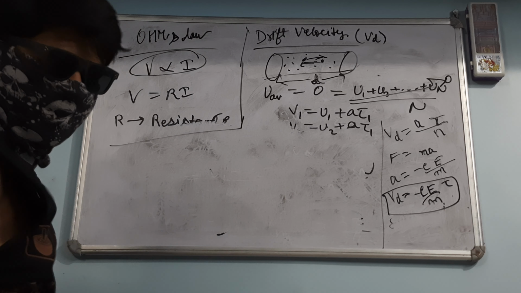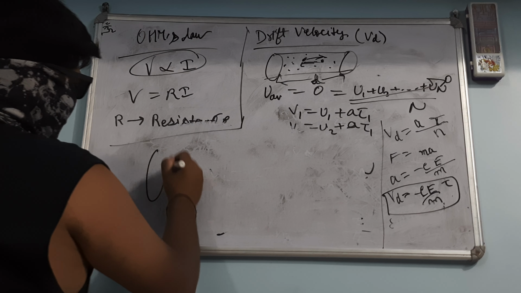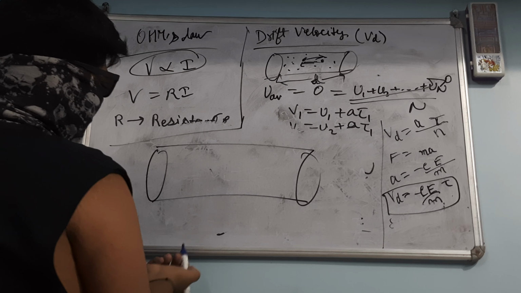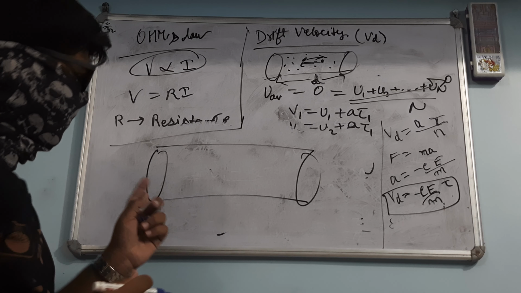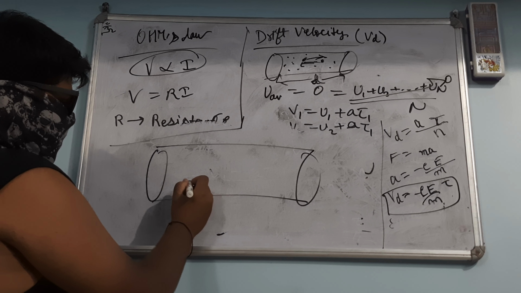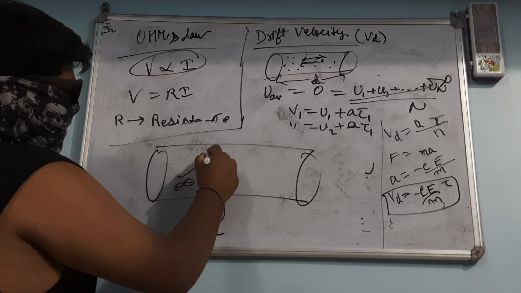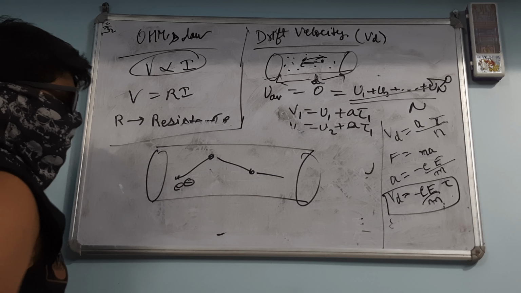Actually, drift velocity is like this: this is a conductor, and inside the conductor, if we observe one electron, then it will collide with lots of electrons, because there are a lot of electrons present inside this conductor.